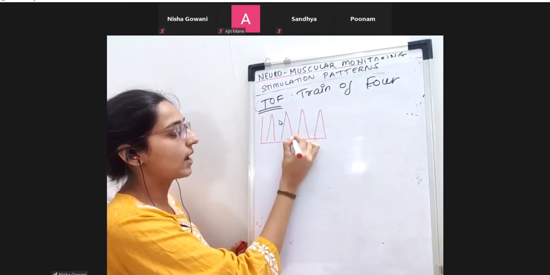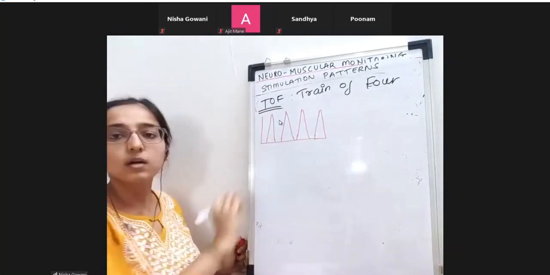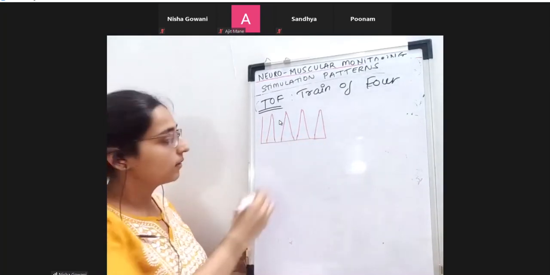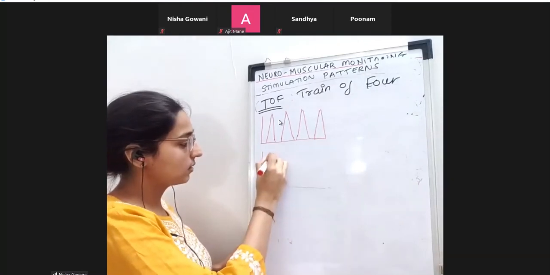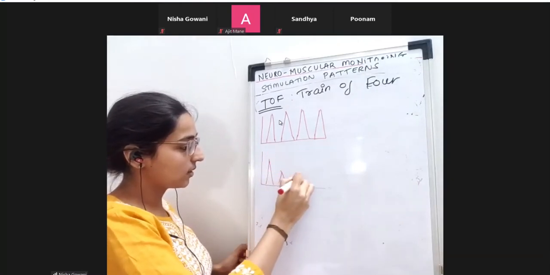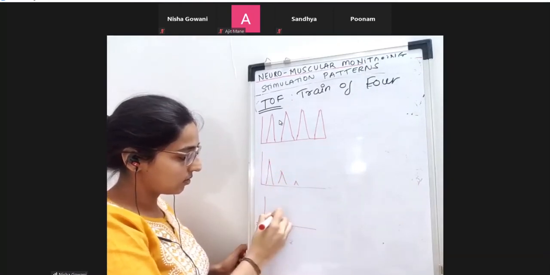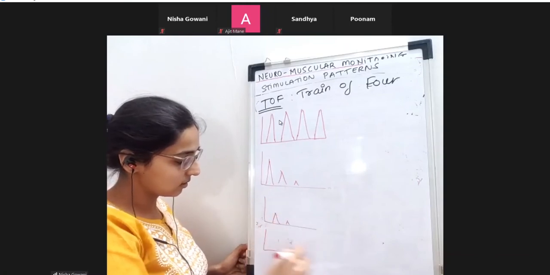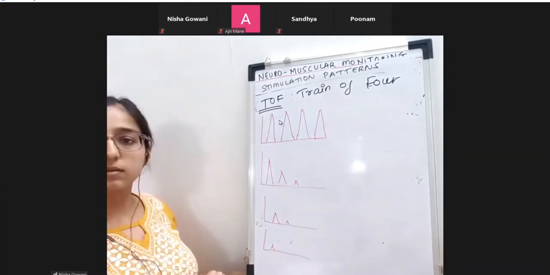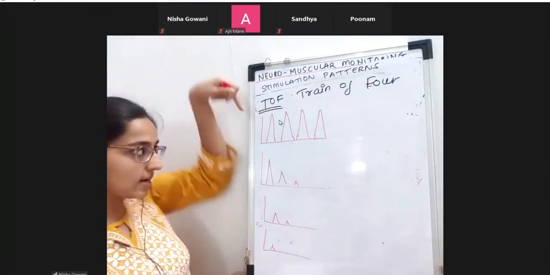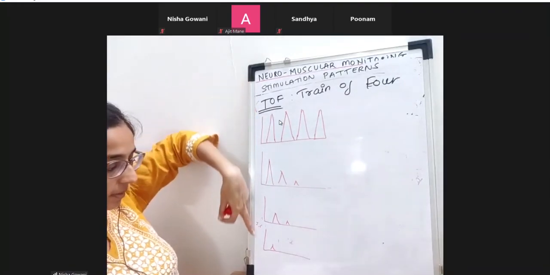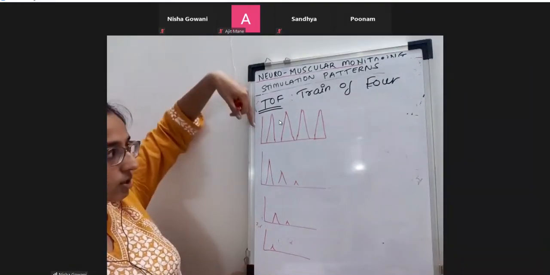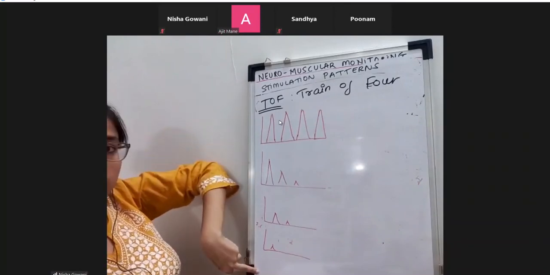I'm showing as triangles, I hope it's not confusing you. I'm not showing it as lines. So you got this, then you got something like this, then something like this, and then something like this. You agree with me? Plane is getting deeper, deeper, deeper. Relaxation is going deep. Okay?